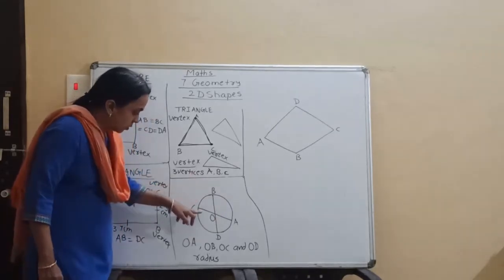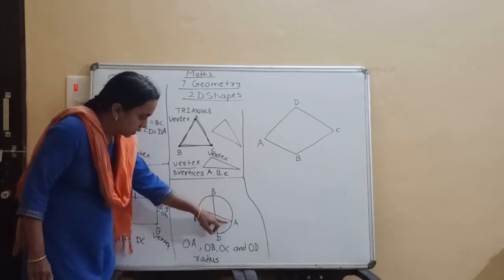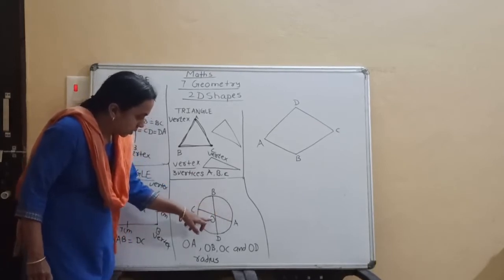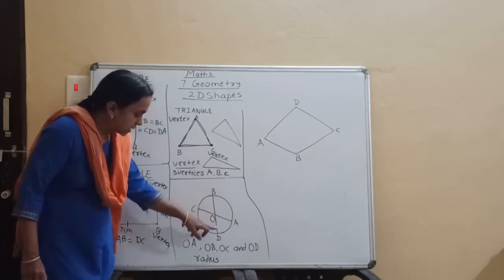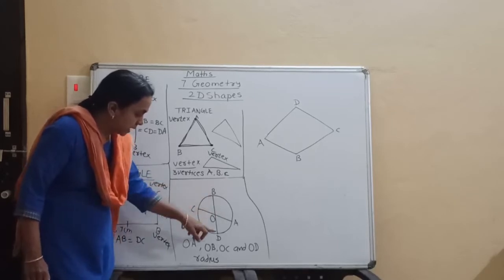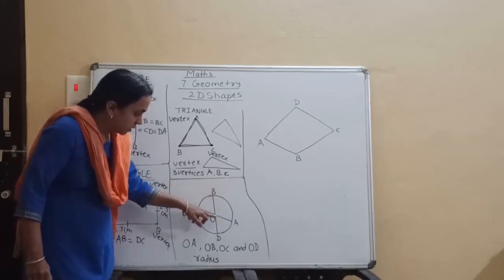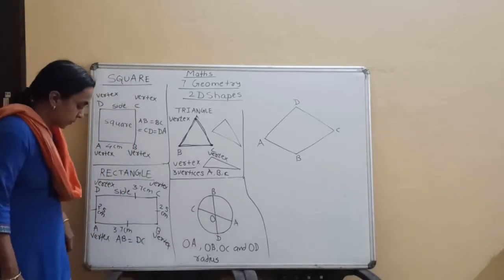The distance from the center point O to any point on the circle is the total same distance.